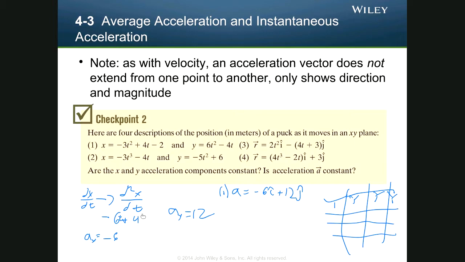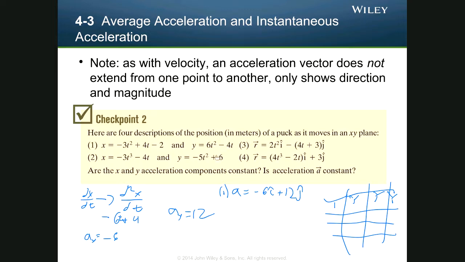So with the acceleration, you have to take the derivative again. And you'll notice here, the t goes away, right? So if the t goes away, it's constant. So ax is minus 6, so the x component is constant. Again for y, if you take the second derivative of this polynomial, you get 12 because the t disappears.